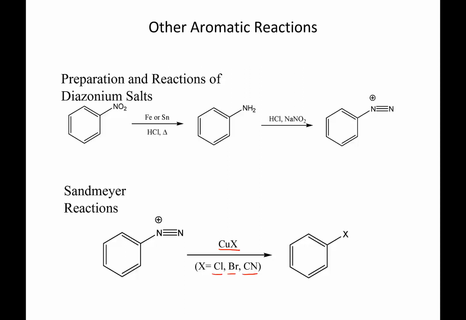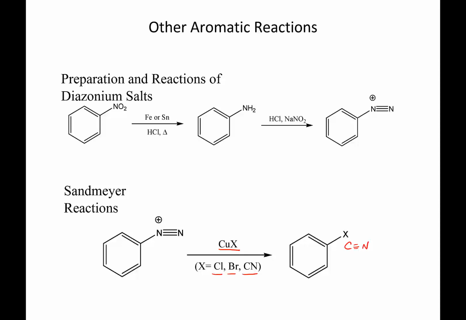And so the important thing here is I know how to put chlorine and bromine on the ring, but what I don't know how to do is to put a C triple bond N group on the ring. And so the Sandmeyer reaction is the way to do that. So you make the diazonium salt, and then you react it with copper cyanide. Okay.